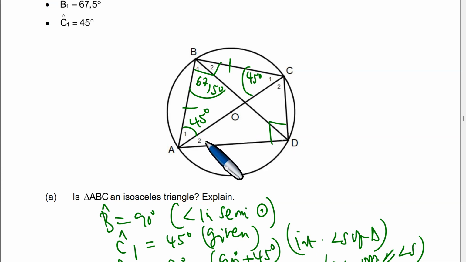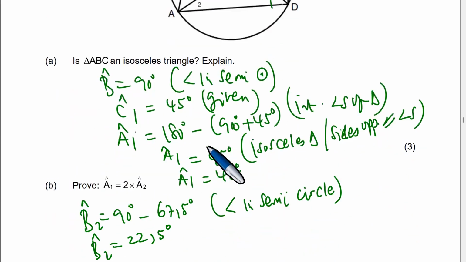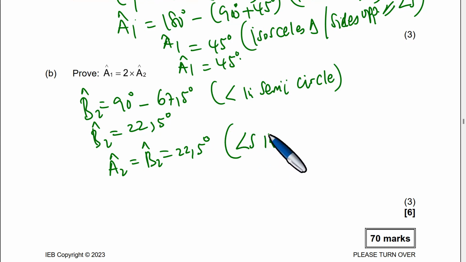A2 and B2 are angles in the same segment. So A2 is going to become also B2, and therefore A2 is equal to B2, which is 22.5. Why is A2 equal to 22.5? It is angles in the same segment.